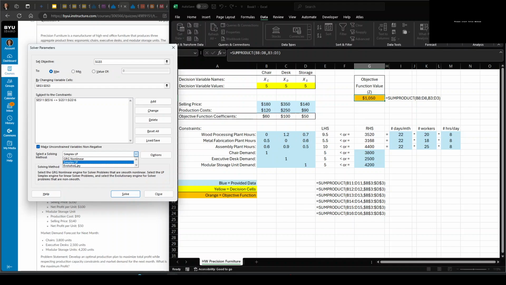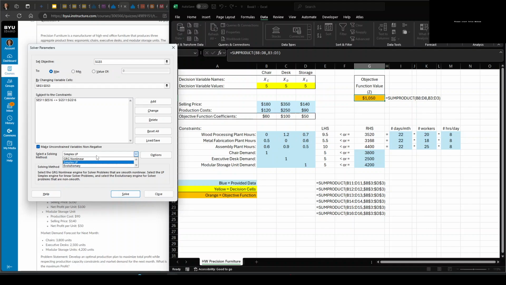LP stands for linear programming. And that has to do with the kind of mathematical models that it uses behind the scenes to find this answer. And without going into a ton of detail at this point, we can assume that we will be using linear programming, a linear relationship between the quantity and the profit, which isn't always the case, but generally that's true.